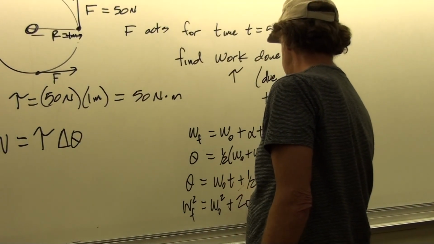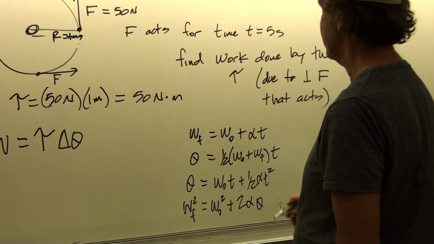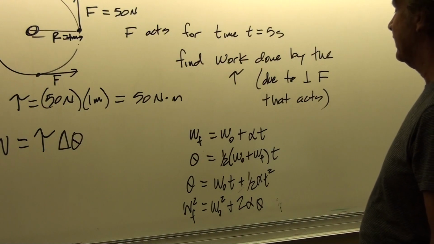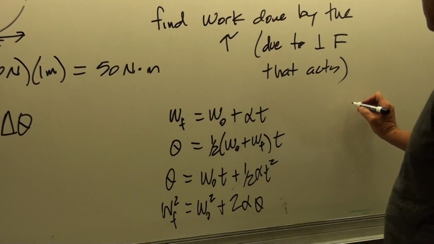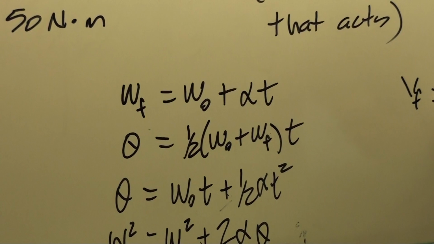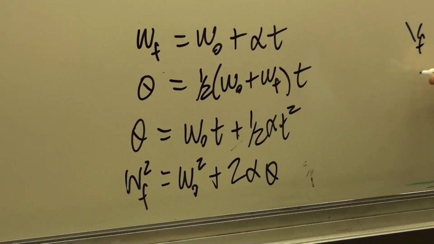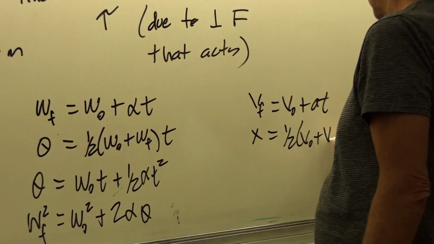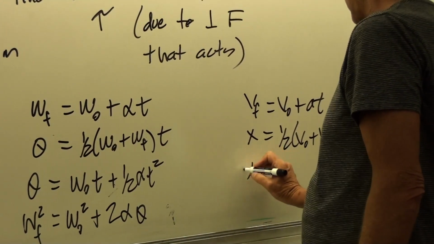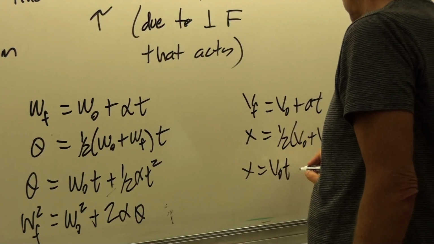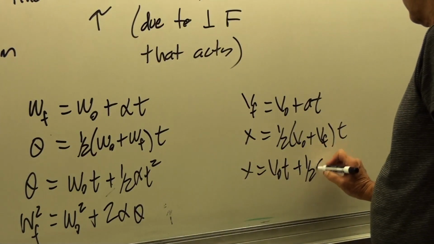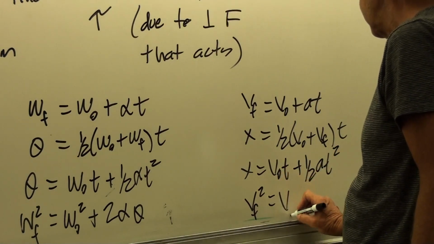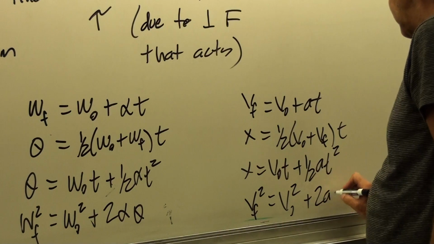plus 2 alpha theta. Okay, so those are our 4 rotational kinematics equations, which are analogous to the linear kinematics equations. You remember, V final was equal to V0 plus AT. X was equal to 1/2 times V0 plus V final t, x equals V0 t plus 1/2 AT squared, and V final squared equals V0 squared plus 2AX.